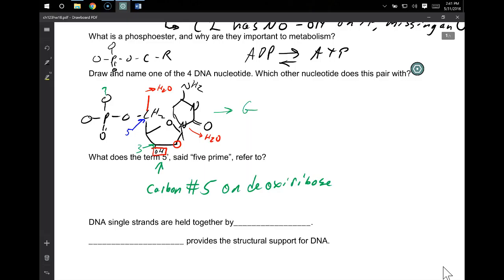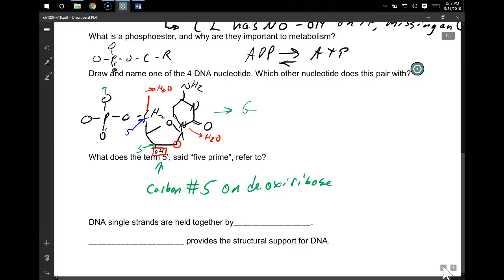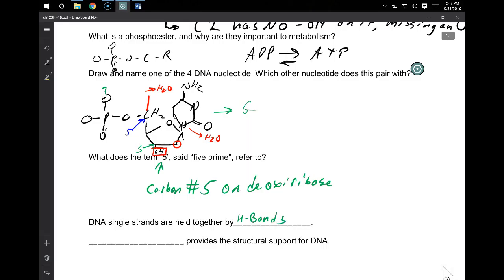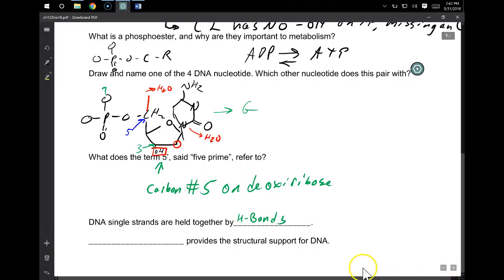What are the single strands held together by? So the 2 DNA single strands are connected to each other, hooking up with little hydrogen bonds, but lots of little hydrogen bonds.